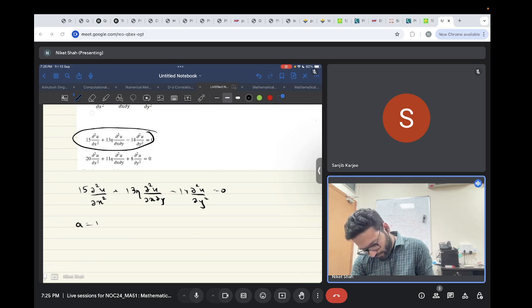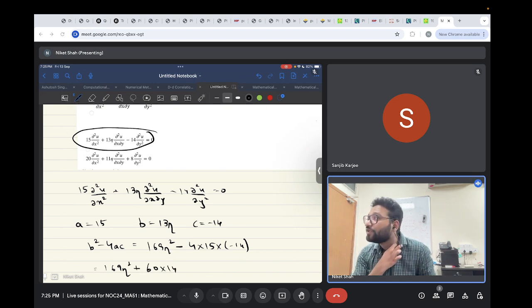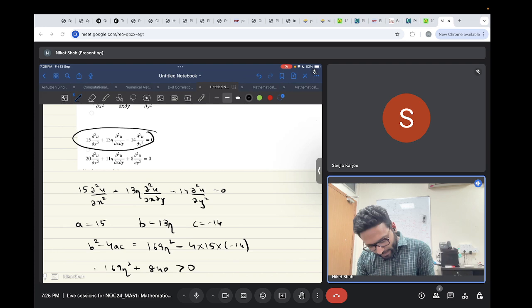So in this case, a is equal to 15, b is equal to 13 eta, c is equal to minus 14. b square minus 4ac is equal to 169 eta square minus 4 into 15 into minus 14, which is 169 eta square plus 840. So this is always necessarily greater than 0, right?